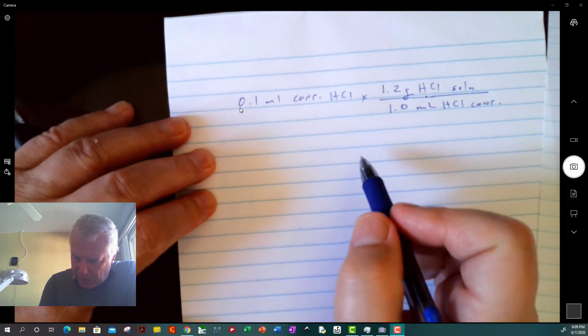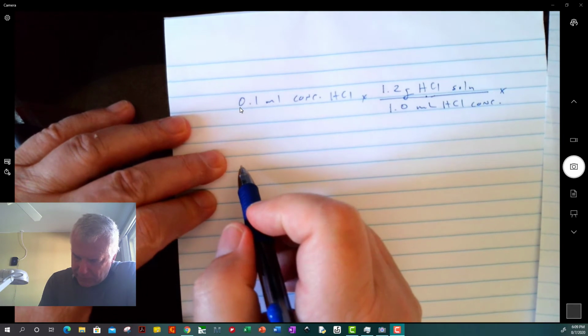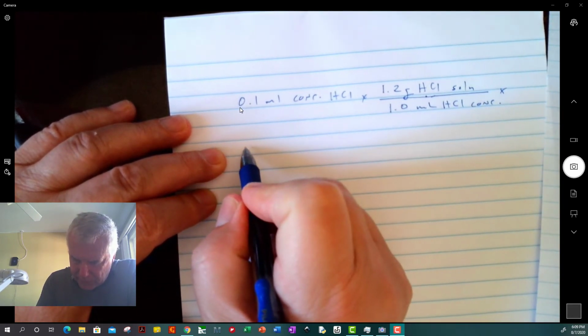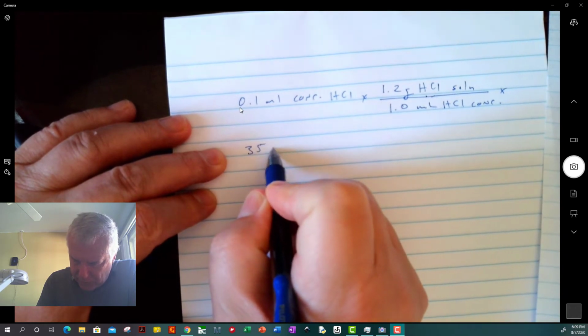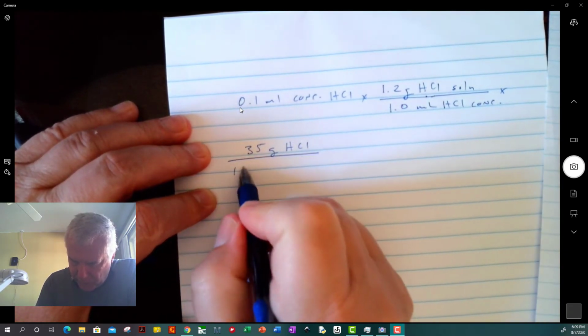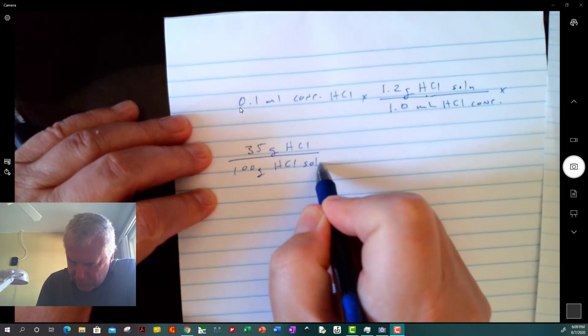And then we're going to multiply by the next factor, which is the 35%: 35 grams of HCl for 100 grams of HCl solution.